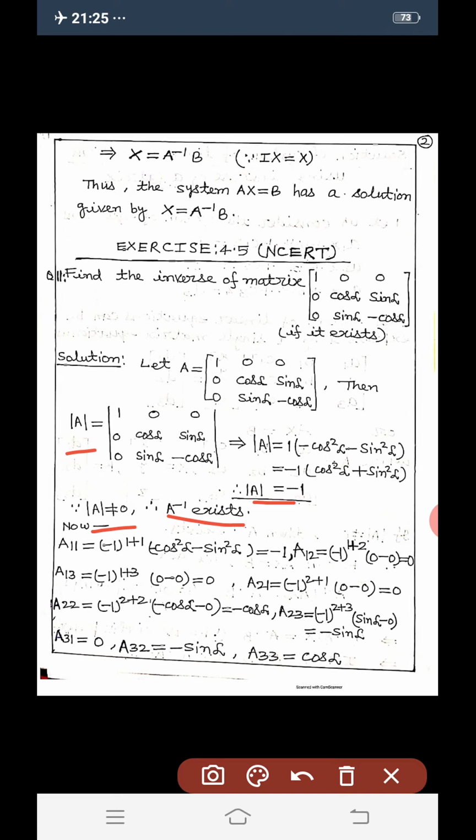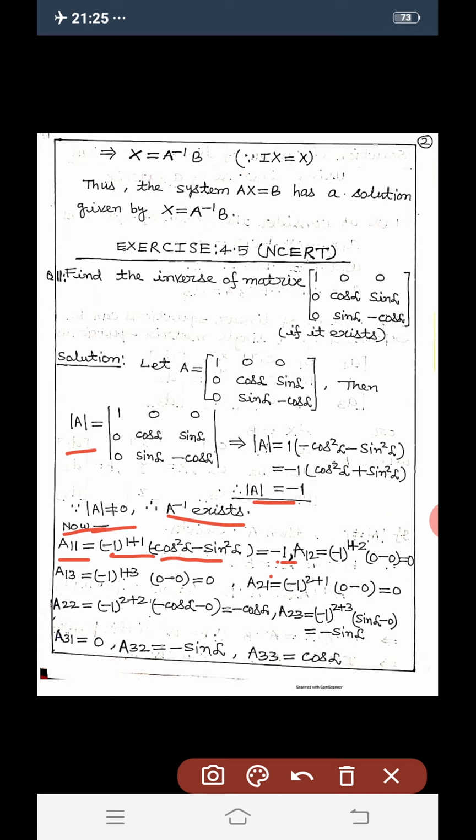Now we find the cofactors of each element in determinant of A. We get A11 equal to minus 1 to the power 1 plus 1 into M11, and the value of M11 is minus cos square alpha minus sin square alpha. So A11 equal to minus 1.